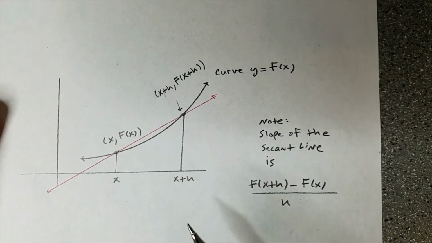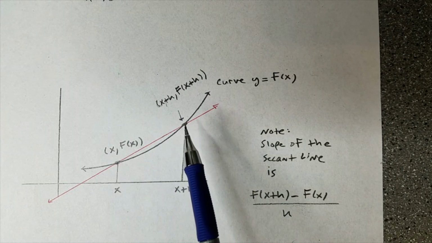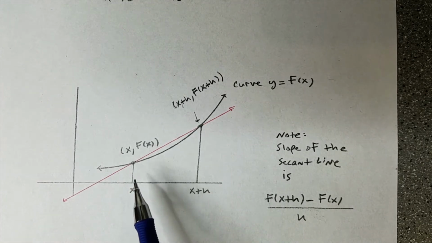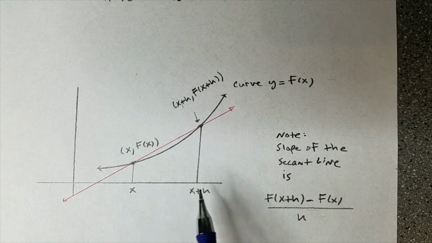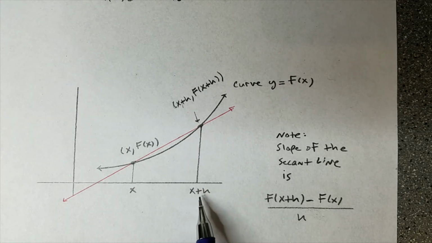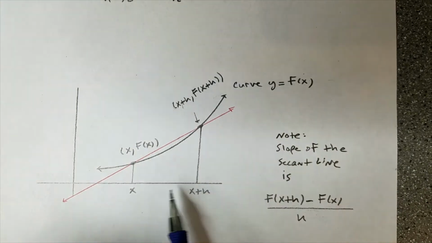So imagine it like this. We have a curve, and say I take two distinct points. Just for purposes of this being abstract, this point is x, and this point is a little bit to the right, and it's x plus h. The plus h gives some separation between these.